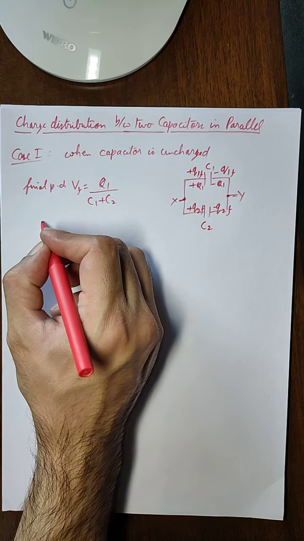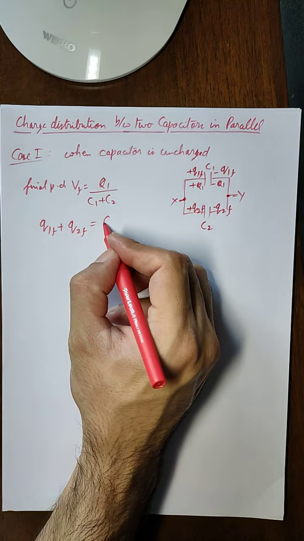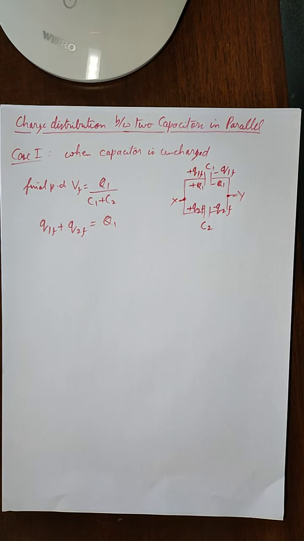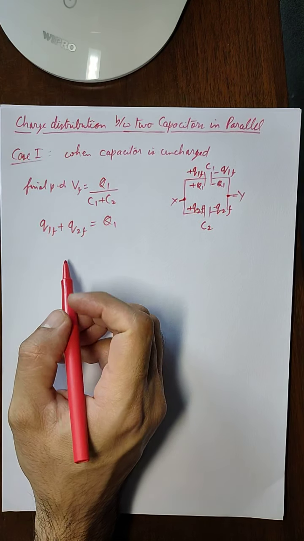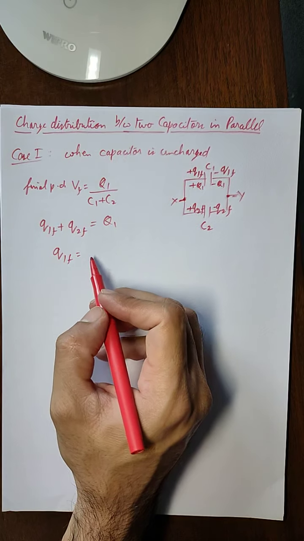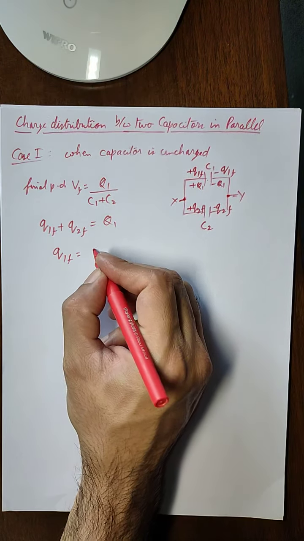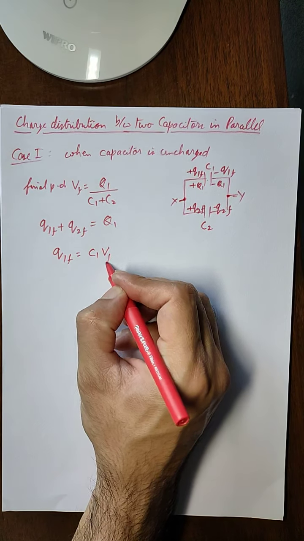Now by the law of conservation of charge, Q1F plus Q2F should be equal to Q1. So using this equation, we can find the values of Q1F and Q2F. Now, since Q is equal to CV, we can write the Q1F on C1 as C1 into Vf.